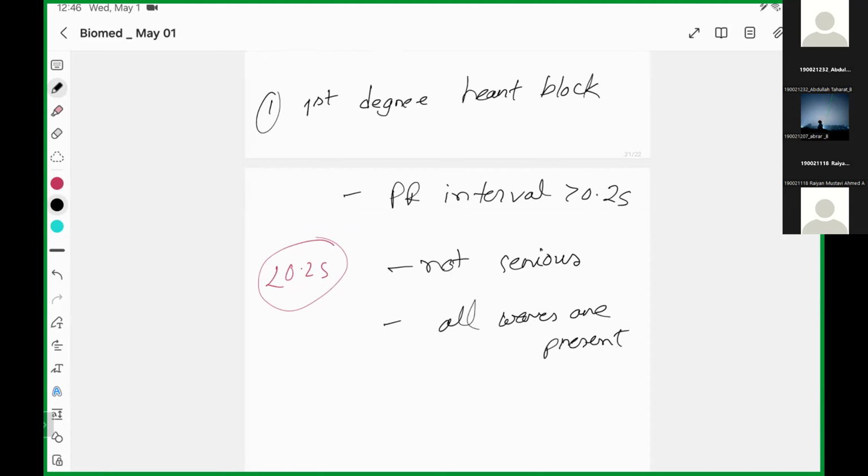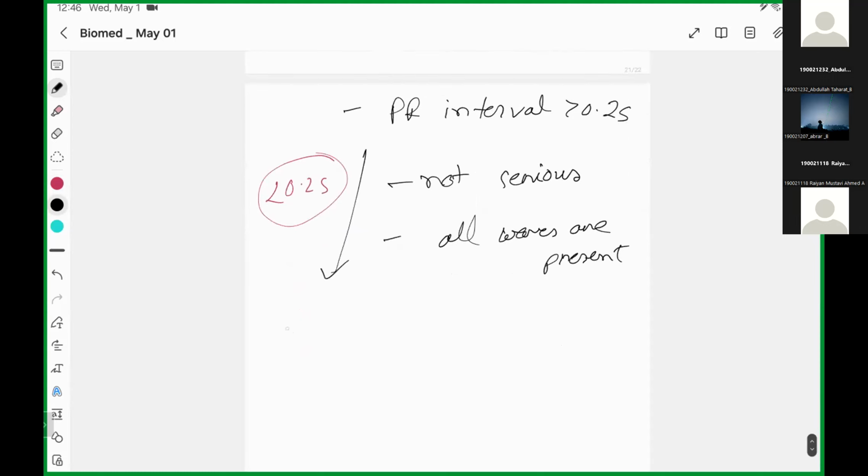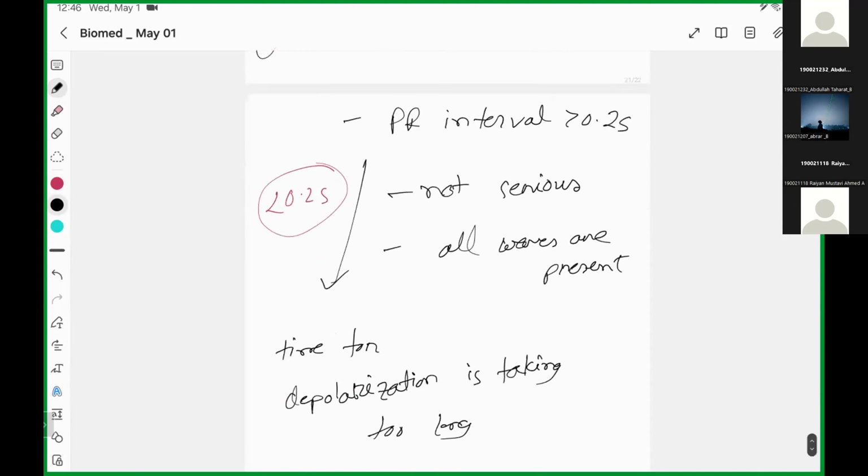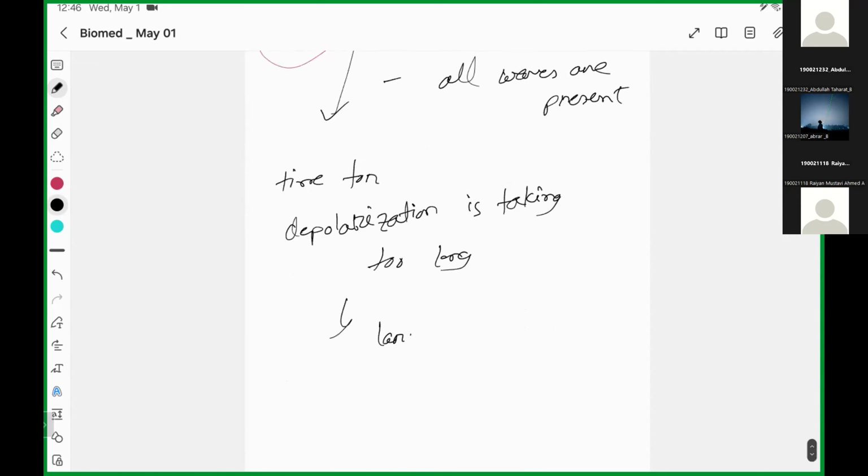That means depolarization is taking too long, too much time. That is referred to as first degree heart block, and it means you have a large pause between P and QRS. Okay, let me show you the image.